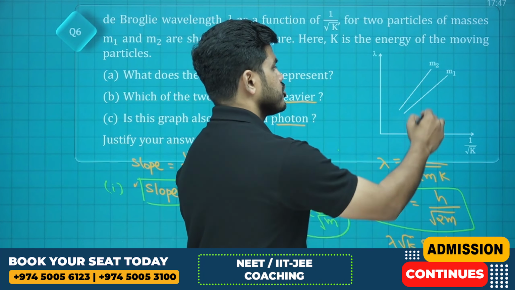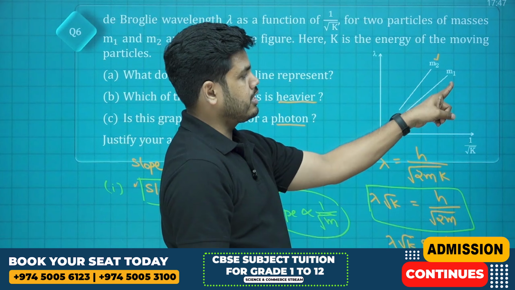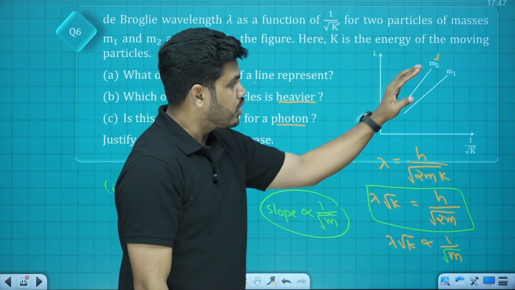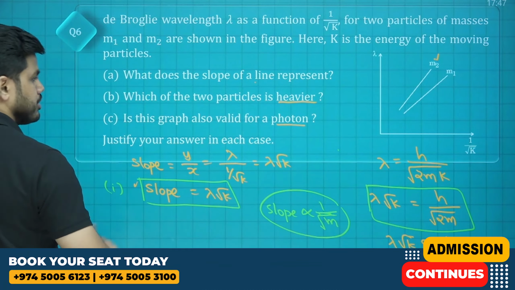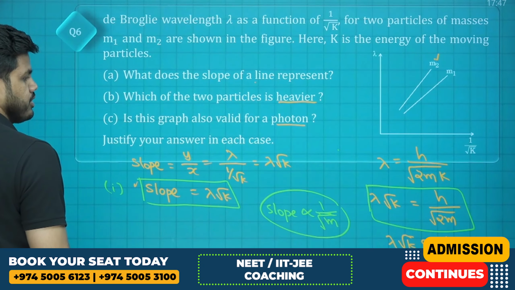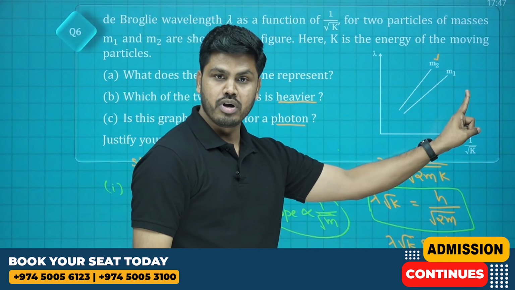Look at the graph. See, the slope of m2 is more than the slope of m1, correct? We need the heavier one. The heavier one will have a lesser slope, because as per the relation, less slope means more mass. So which graph represents the lesser slope? m1.